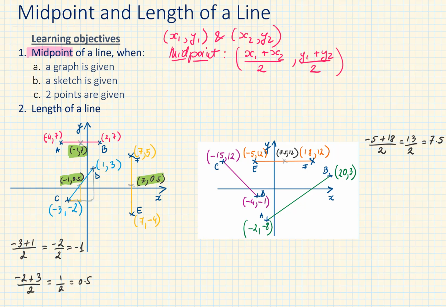7.5 and 12. Looking at the green line, to go from point A to point B, we can go horizontally and then vertically along the y-axis. From -2 across, we arrive at 20, and from -8 up, we arrive at 3. So we need to halve the x route. From -2 to 20, we made 22 steps.